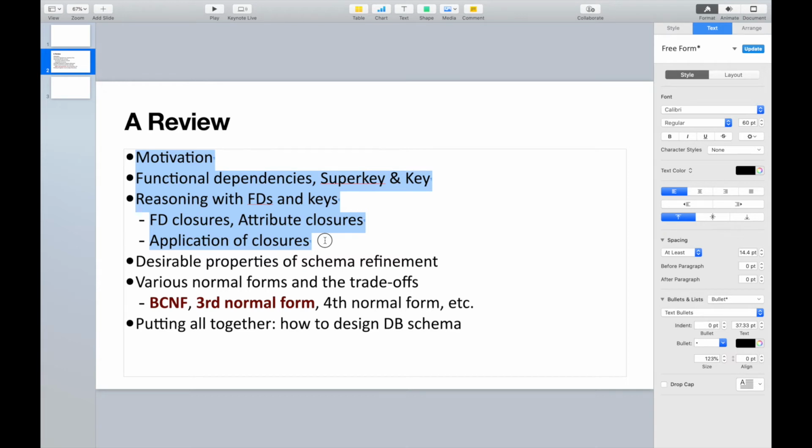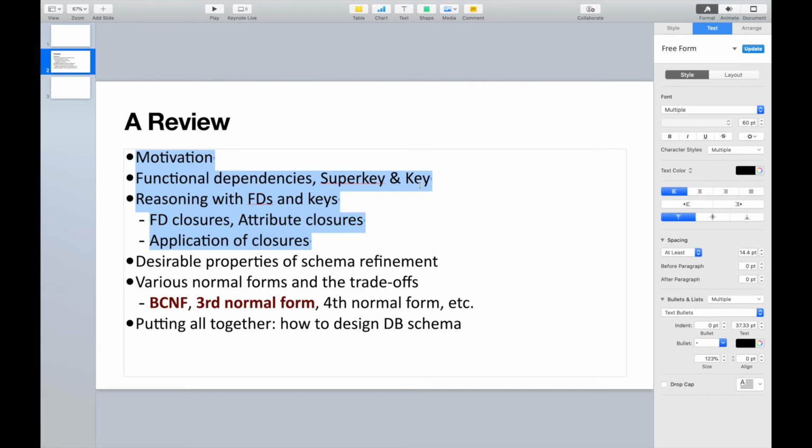Then we talked about several important concepts: the functional dependency, superkeys, and keys. We provided the definitions of functional dependency, superkey, and keys. I hope you can remember the definitions because they are very important for some of the questions in both homework and the midterm.